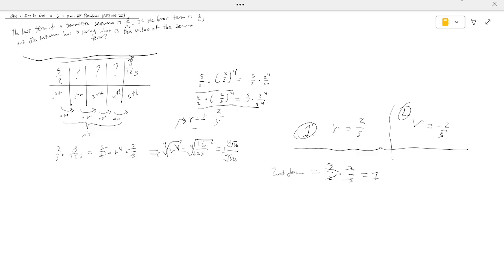For the second scenario, the second term is equal to 5/2 times minus 2/5, and those will cancel, and we'll just be left with -1. So based on my reasoning, this should have 2 solutions, either 1 or -1. Let me check what the answer key says.